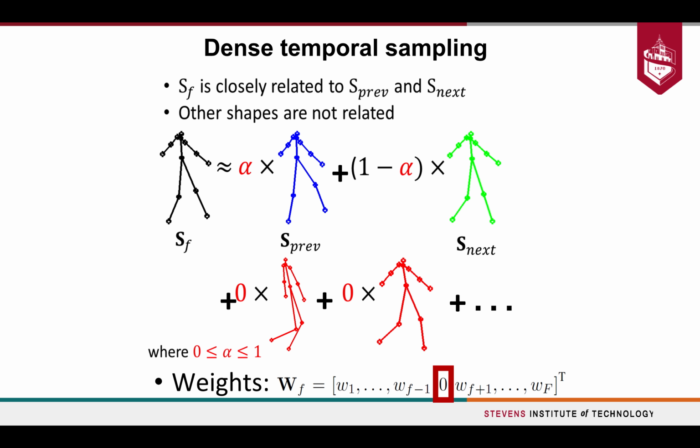The structure will vary related to the previous frame and the next frame, and can be approximated by the linear combination of these two frames. So this is a column of the weights. They will force the one corresponding to itself to be 0, since you shouldn't express by yourself. Ideally, you have values on the two neighboring frames, and the others are 0.